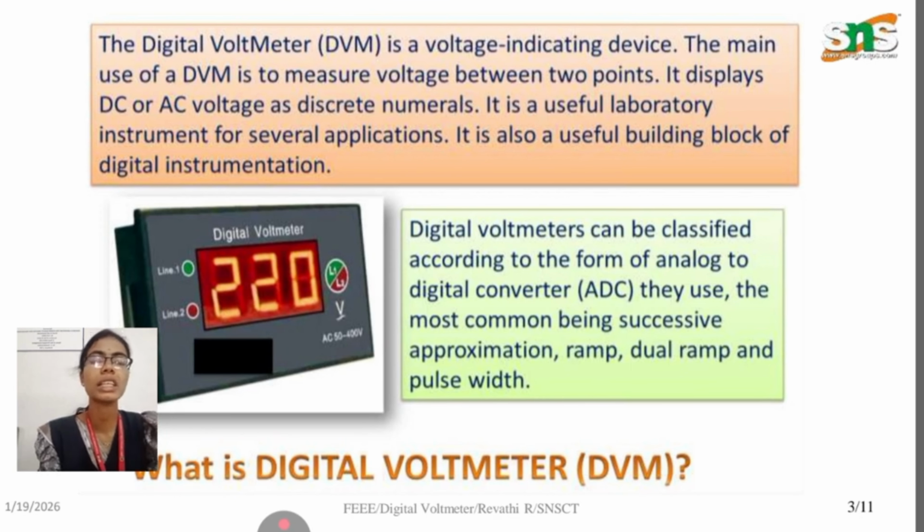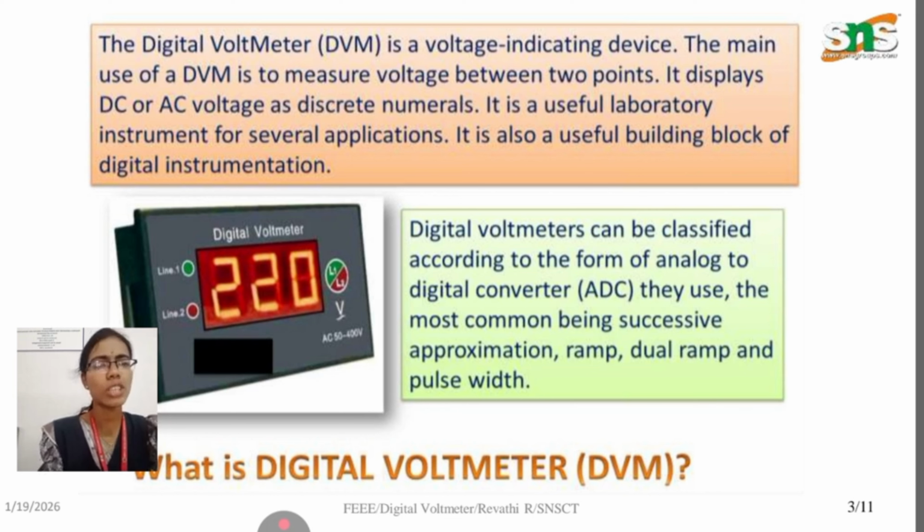Now we discuss the digital voltmeter. It is a voltage indicating device, mainly used in a DVM to measure voltage between two points. It displays DC or AC voltage as discrete numerals, and it is useful as a laboratory instrument for several applications.